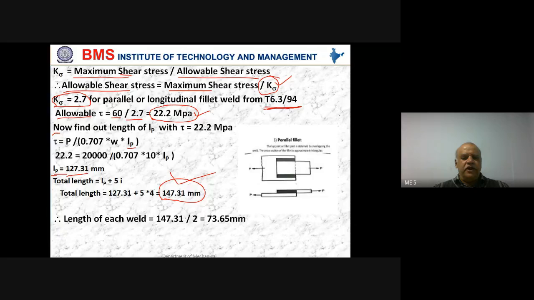So finally, you can find length of each weld to be equal to 73.65 mm. That is this total length. Each of them will be 73.65 mm.